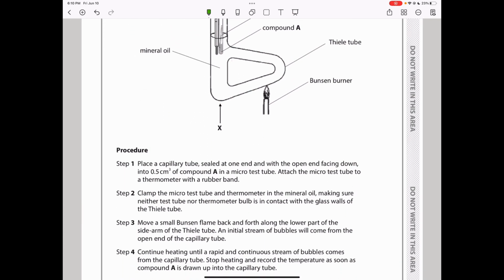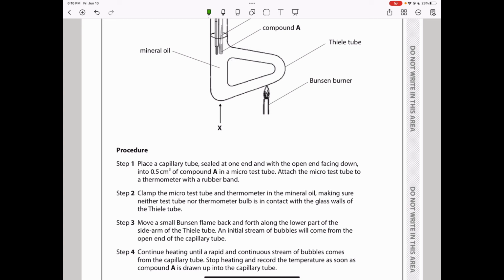So we look at the setup, and then they say place a capillary tube sealed at one end, with the open end facing down, into 0.5 centimeters cubed of compound A in a micro test tube. Attach the micro test tube to a thermometer with a rubber band and clamp the micro test tube and the thermometer in the mineral oil, making sure neither the test tube nor the thermometer bulb is in contact with the glass walls of the fuel tube.